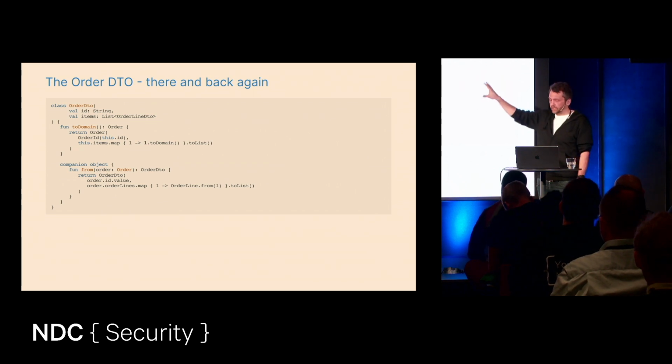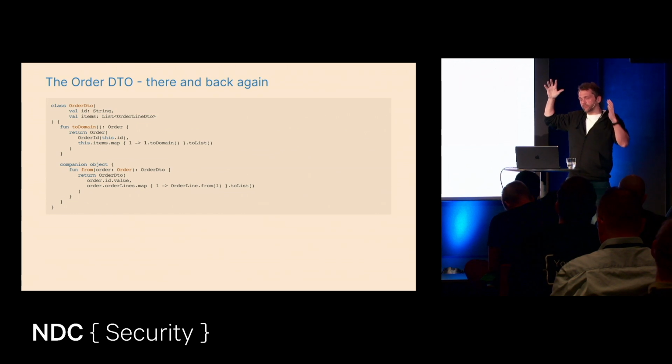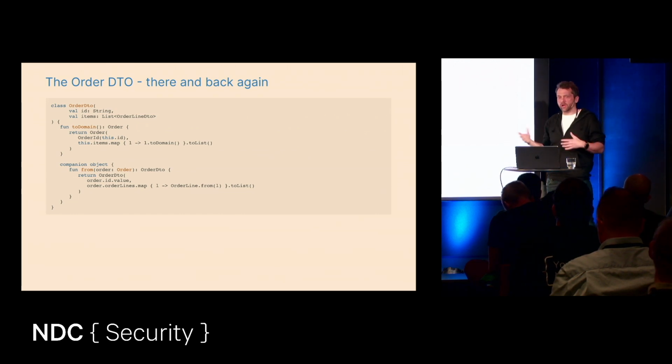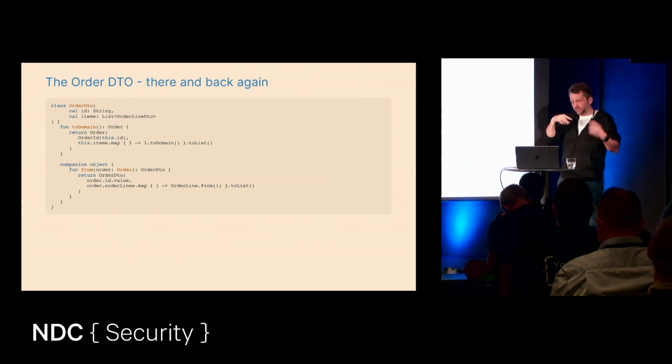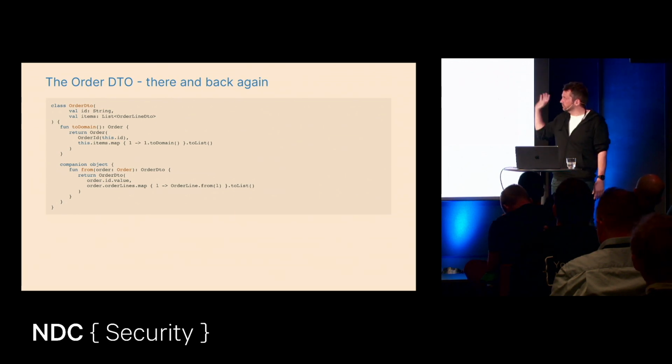So it's all hidden here. And so our internal objects, the proper order, don't have to know anything about JSON, or have these weird annotations like JSON serializable or all kinds of stuff like that. It doesn't have to care about that. That's the job of the DTO.